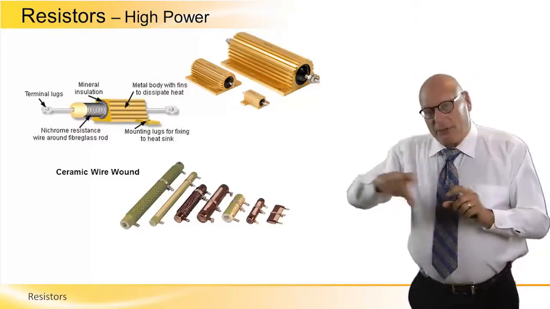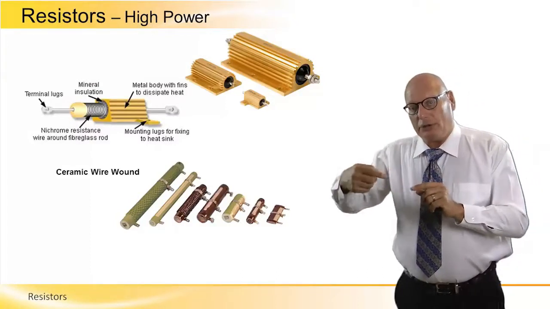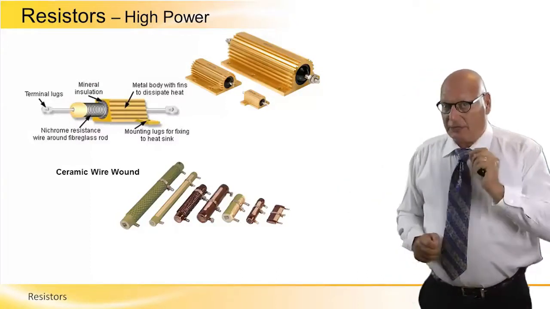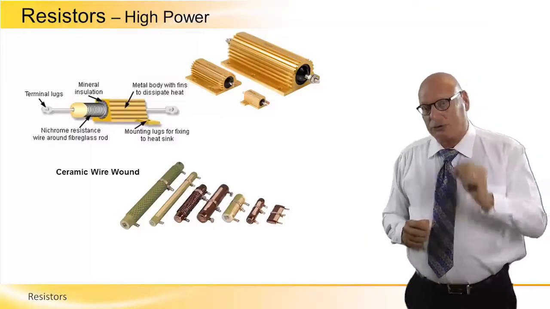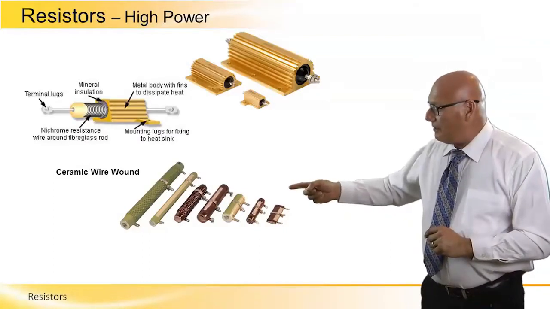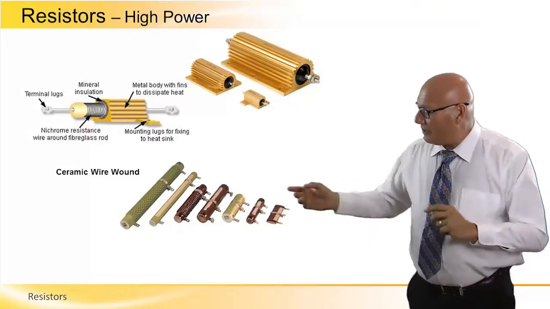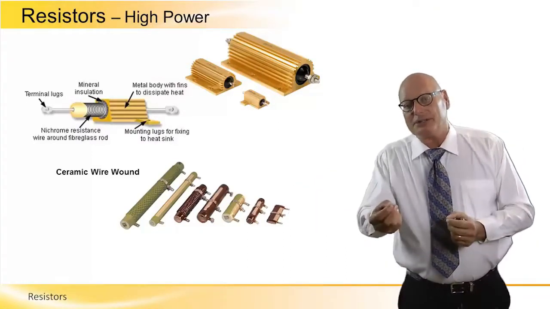And the ceramic acts as a core. With the wire wound on it, we can determine very precisely the resistance of the wire, because we can control the diameter and the length. And in between, we can see the one on the left. There are two end connectors, and there's one in the center.